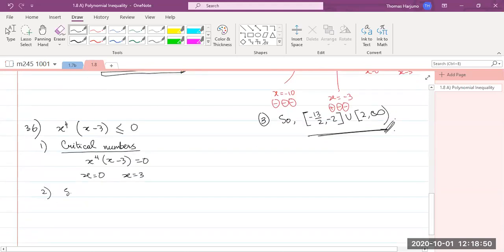Now when I do the sign graph, we have 0 and 3. Both of them make the expression equal to 0.